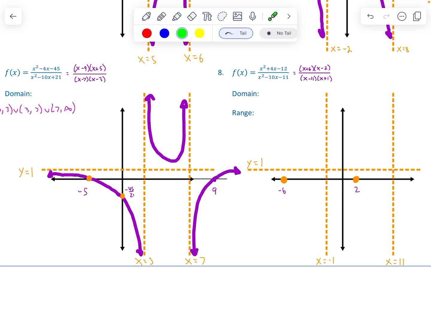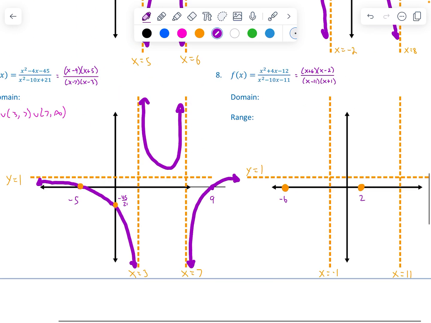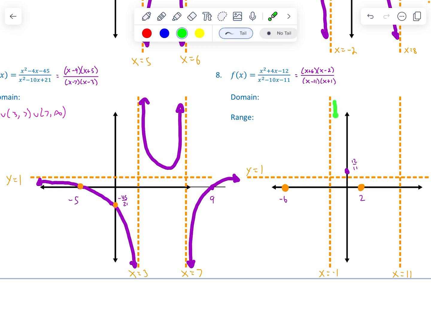Our y-intercept, plug in 0 for x, and those are gone. You just get negative 12 over negative 11, so 12 elevenths, which is more than 1, so it's up here. It's got to be above your horizontal asymptote. So that's 12 elevenths. And so now we know what the middle piece looks like. It's got to approach our vertical asymptote, cross through our y-intercept, cross through our x-intercept, and continue going down forever.